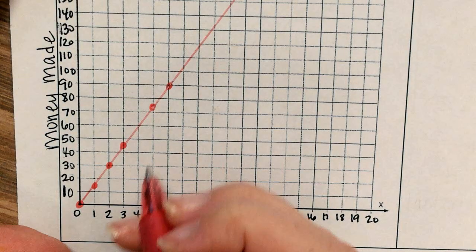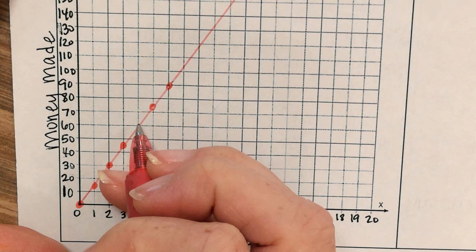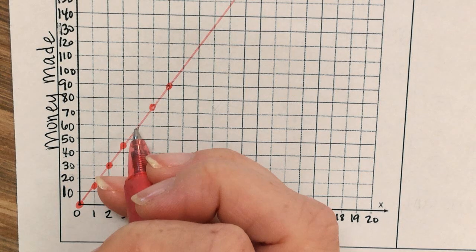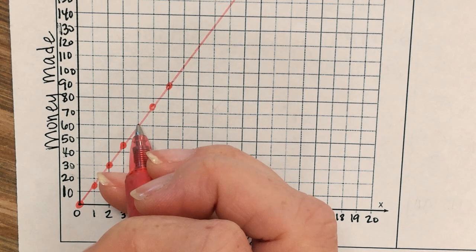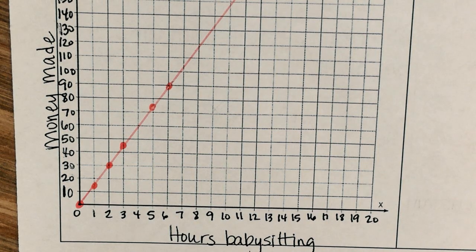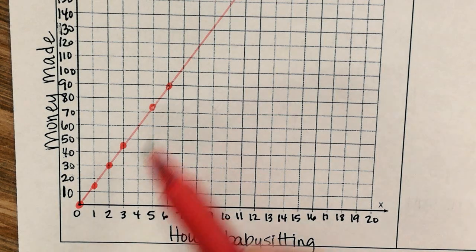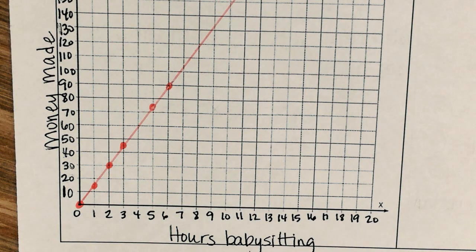At 4, 60, is the line passing through where I would have put that dot? So do you see, you don't have to plot all the points, but the line will pass through where you would have put the dot. Does that make sense? I didn't need all those dots to make a line. I only needed 2. But it doesn't hurt to do more. Does this make sense, yes or no?